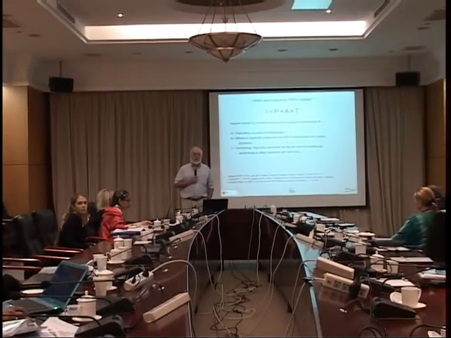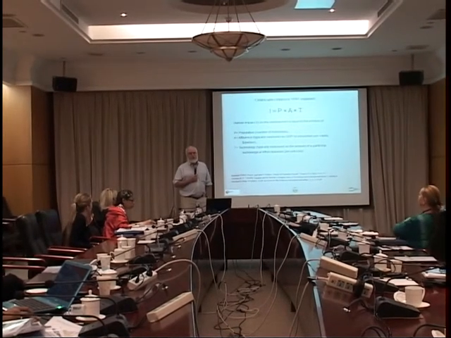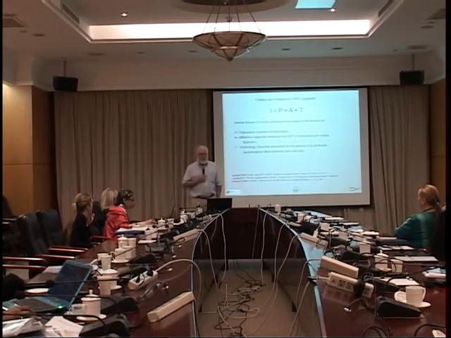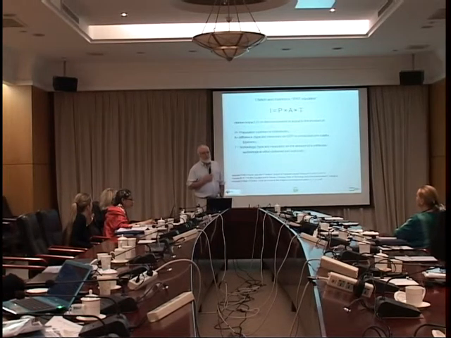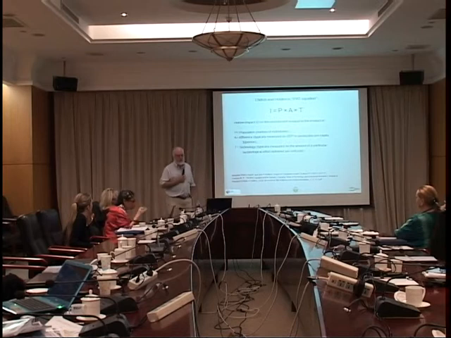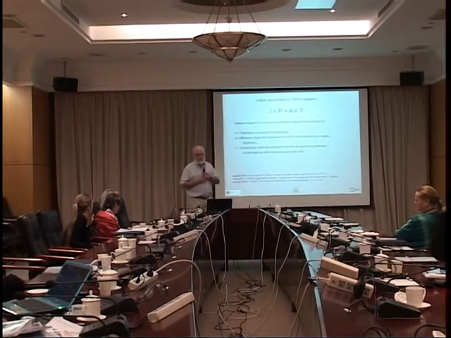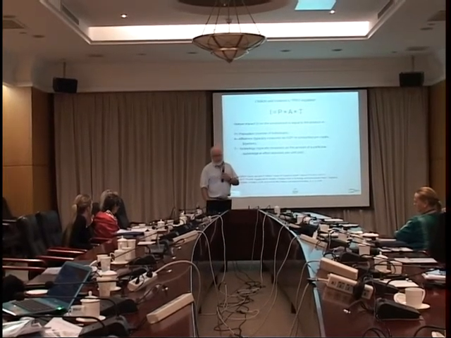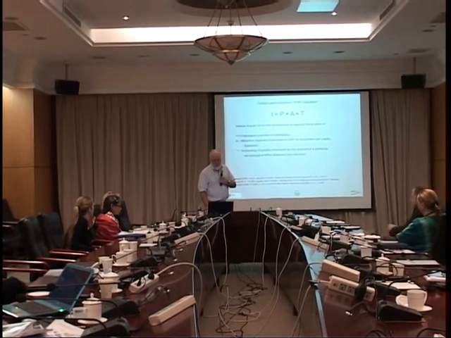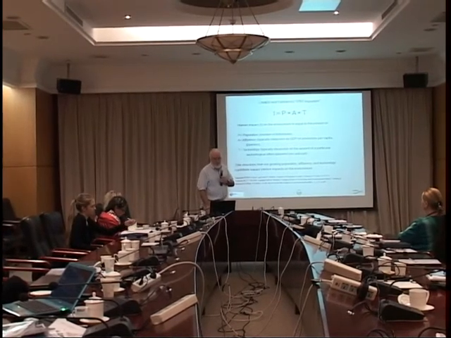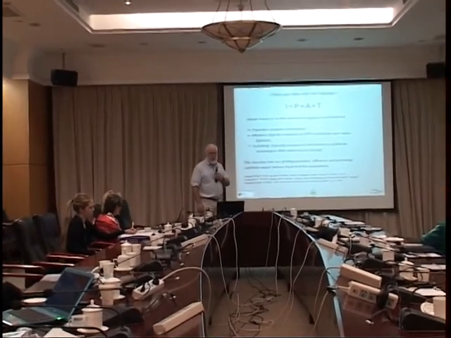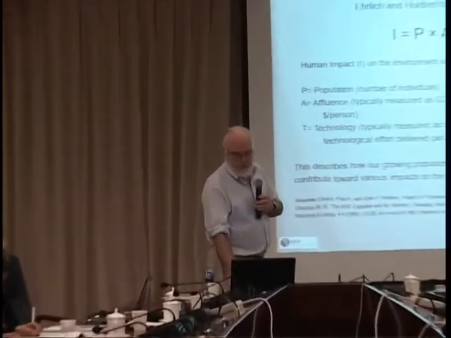Ehrlich and Holdren took the point of view that even if you had the best management of technology in a world with too many people or people consuming too many resources, you would still have problems. And so they were emphasizing the P and the A, the population and the affluence of the population. So this formula, very simple, describes how our growing population, affluence, and technology contribute to problems.